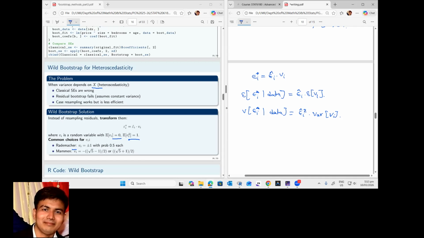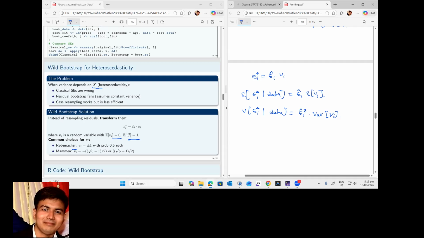Both the Rademacher and the Mammen satisfy this as well. So both distributions are valid first order approximations because they meet these two fundamental criteria of our bootstrap method. We use the Rademacher when the distribution is symmetric, and the Mammen when the distribution of our model is asymmetric. At that time we use these two models.